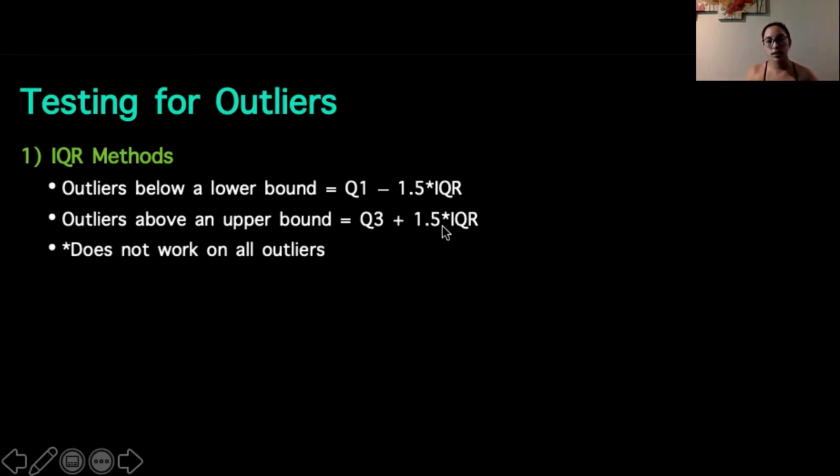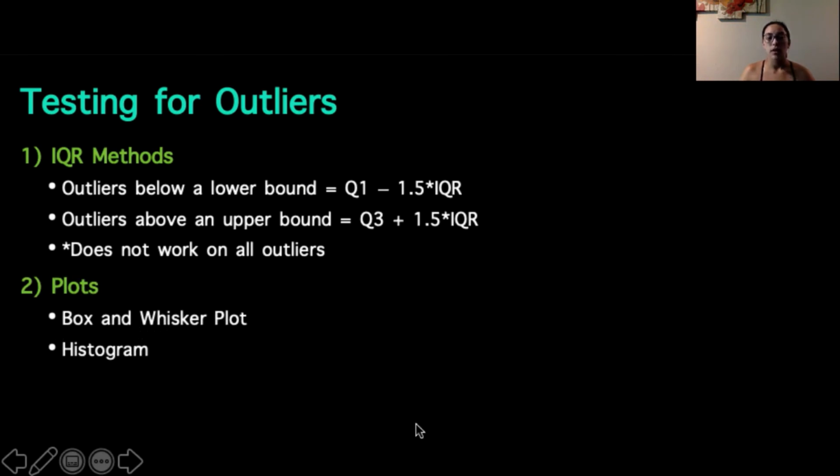Note that this doesn't work on all outliers. It's a certain type of method that we can use. There are other methods out there, so it's by no means the only way. We can also use plots in Excel and SPSS, so we can look at box and whisker plots, which will give you your Q1, Q2, and Q3.